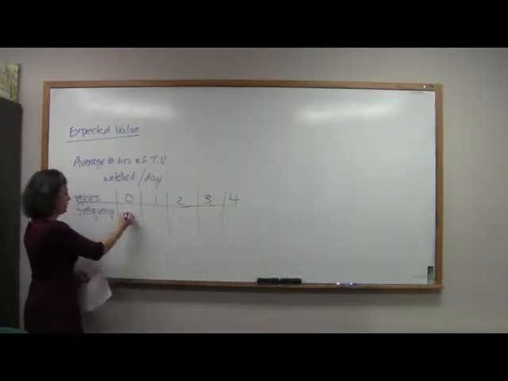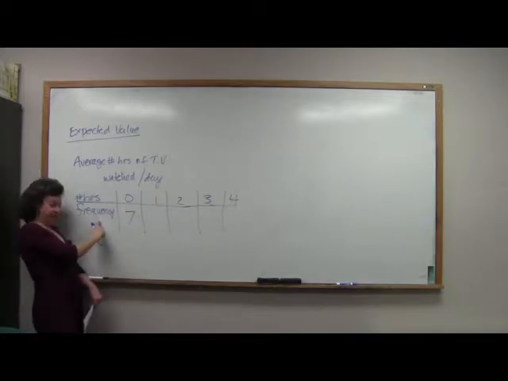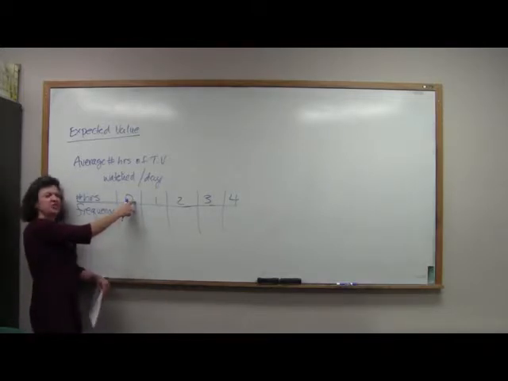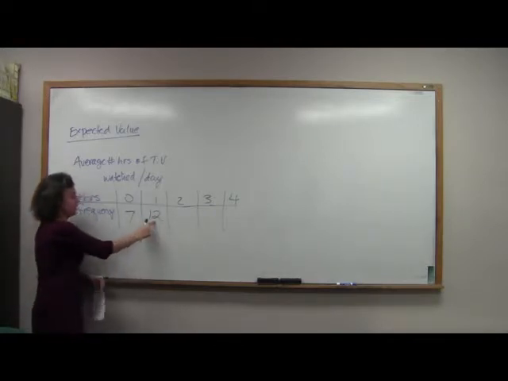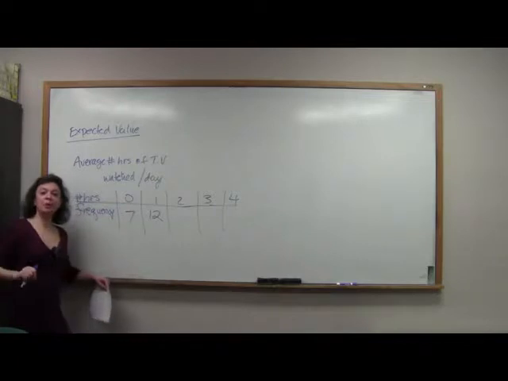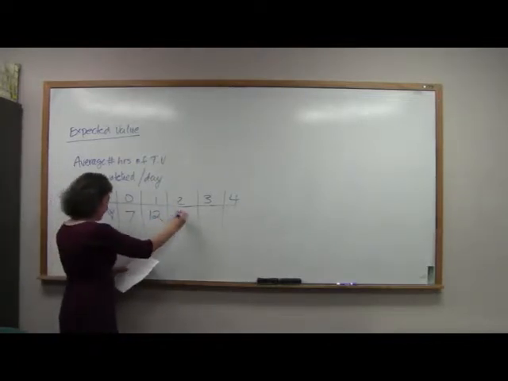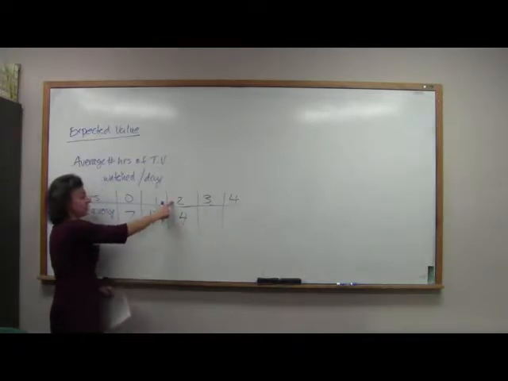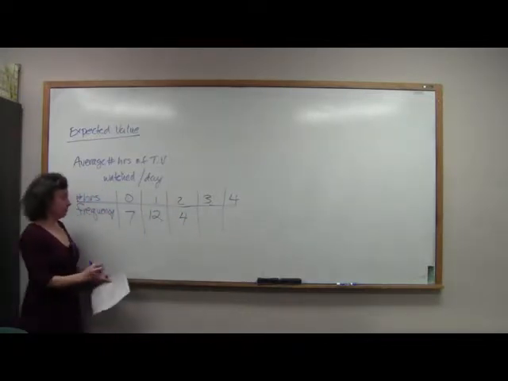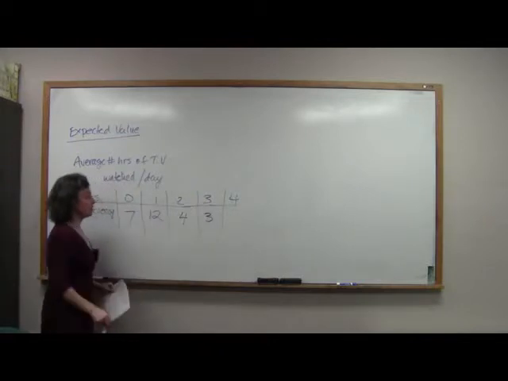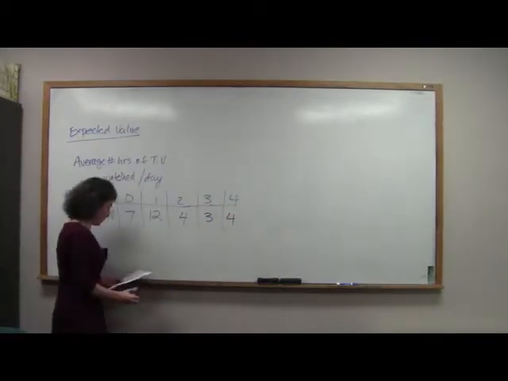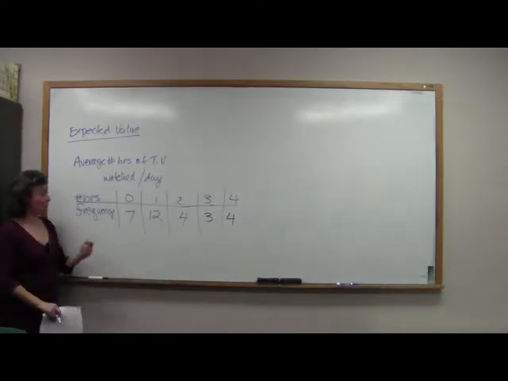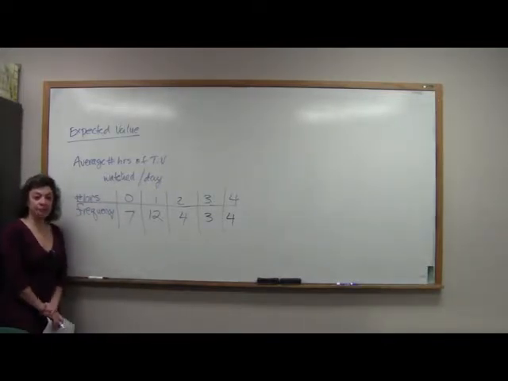Suppose I have that 7 families, that's the frequency, said on average they don't watch any TV per day. Suppose 12 families report that on average they watch 1 hour of television per day. Suppose there are 4 families that say they watch 2 hours of TV per day, 3 families that watch 3 hours of TV per day, and 4 families that say they watch 4 hours of television per day.